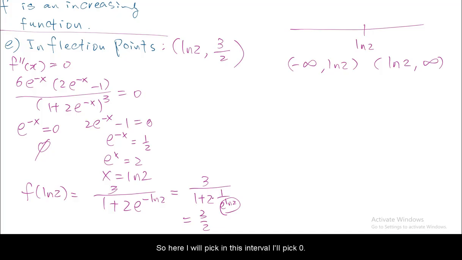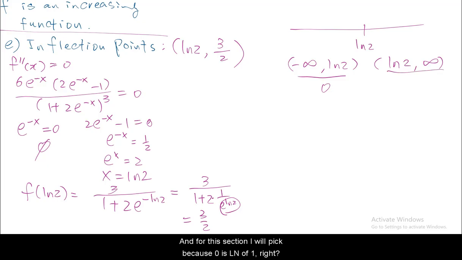In the first interval I'll pick 0, because 0 is ln of 1, right? That's less than ln of 2. And here I will pick ln of e, which is 1.